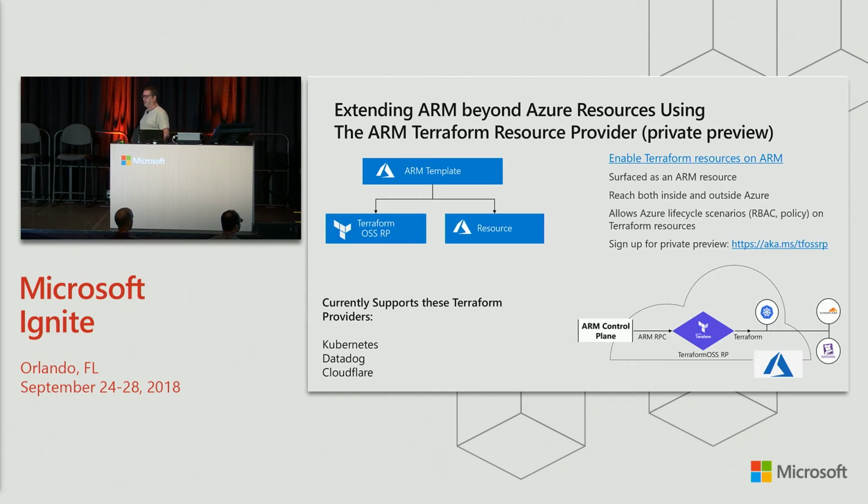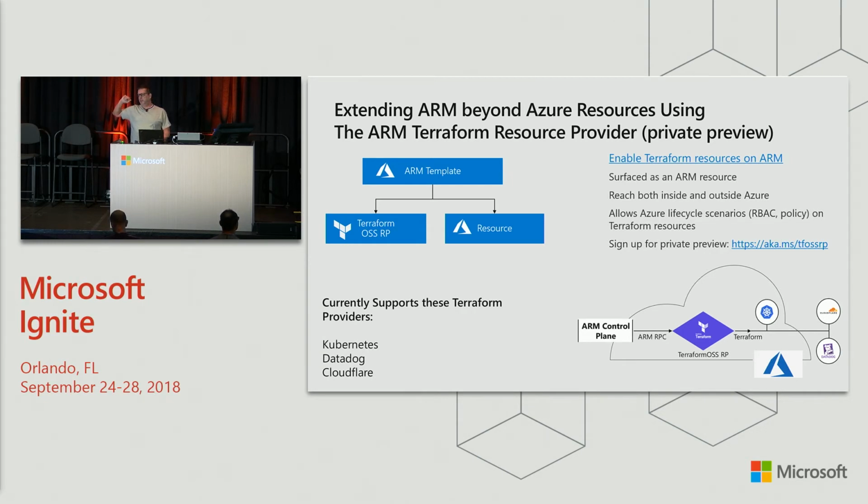So if you create an AKS cluster in an ARM template, how do you then go on to configure pods and services and so on top of that Kubernetes cluster? Well, now using this RP, you can do it because we can leverage the Kubernetes support in Terraform. And now you can write a template that not only creates an AKS cluster, but also creates pods and services and so on.